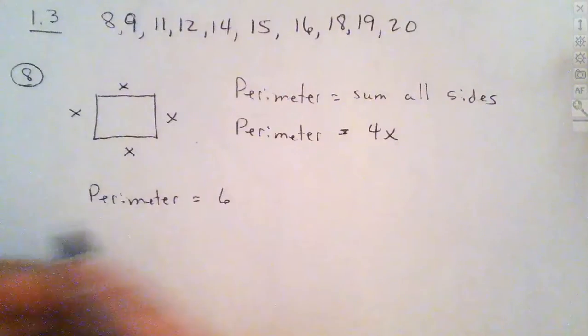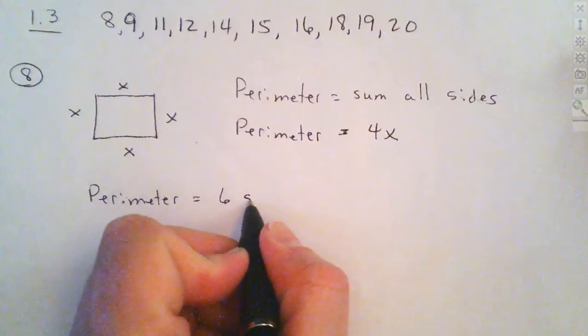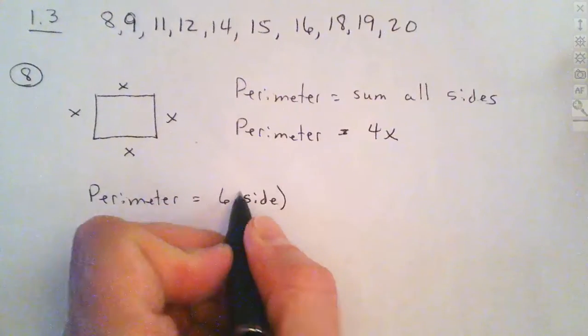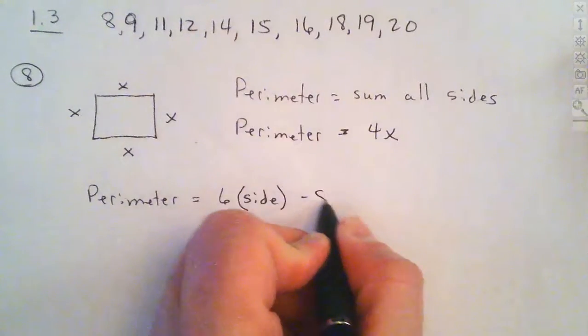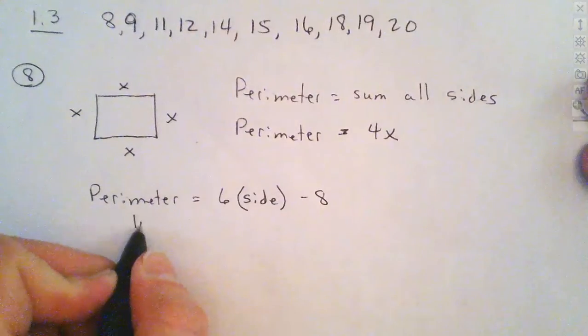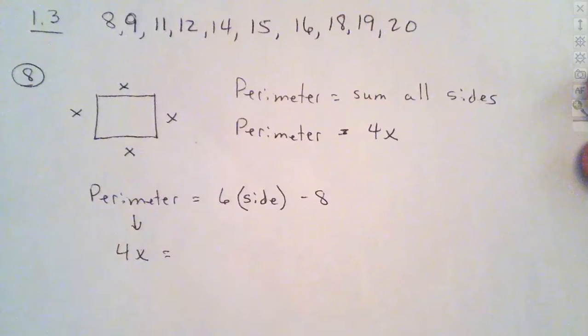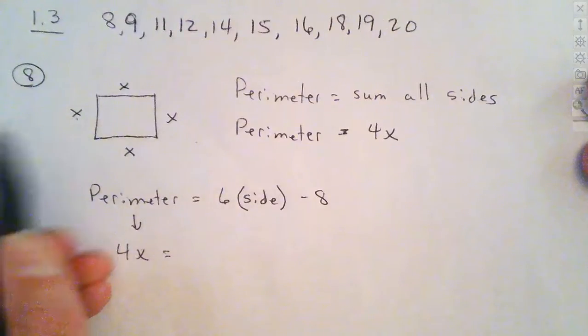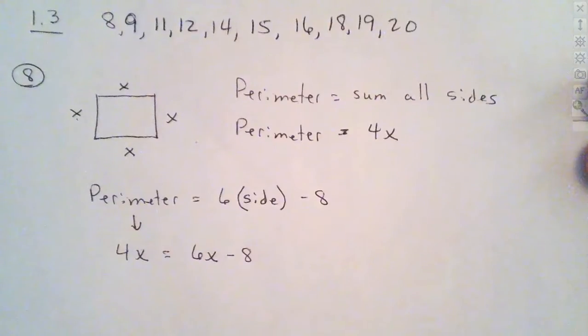equals 6 times the length of a side, and then we're going to decrease that by 8. So we're going to put a minus 8 here. Now we know the perimeter is 4x, and we know the side is just going to be x. So that's going to be 6x minus 8.